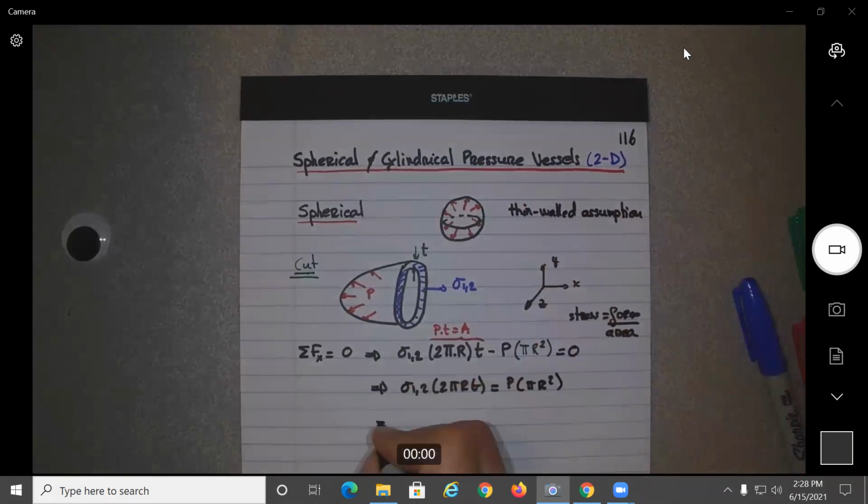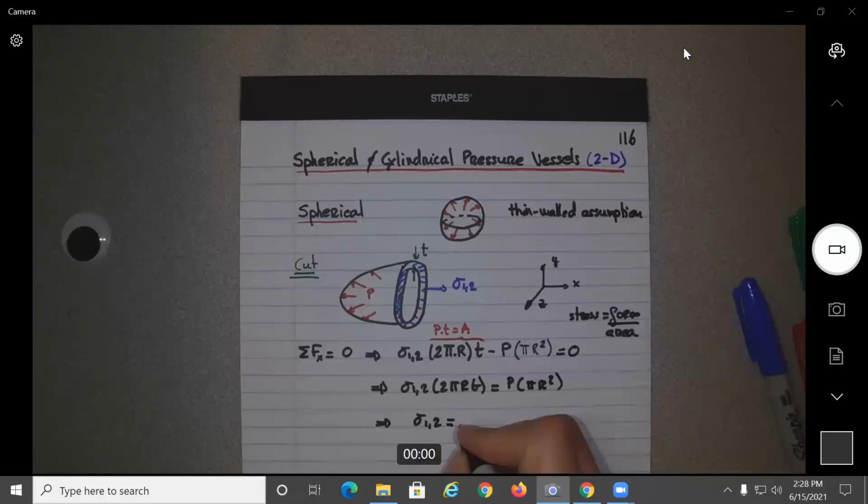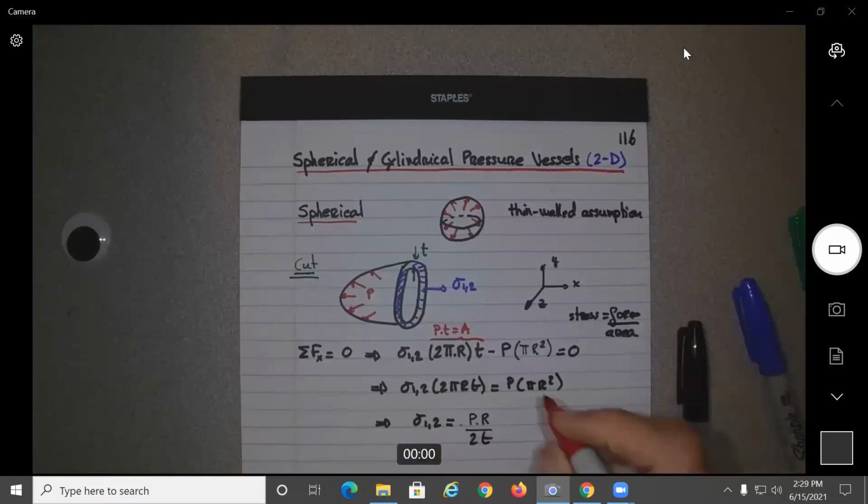If we solve, you find that the spherical stress will be equal to p times r divided by 2t, because this cancels, this cancels, this cancels, this cancels.